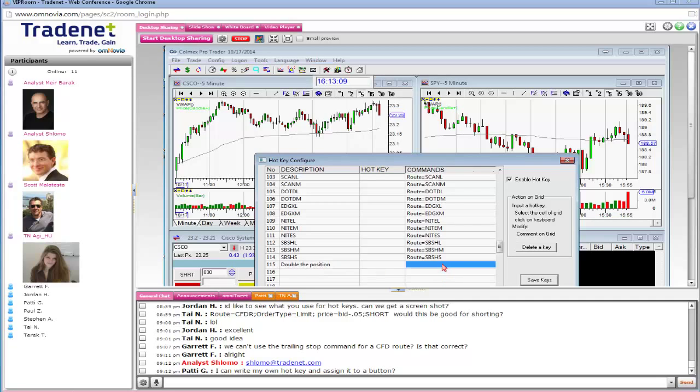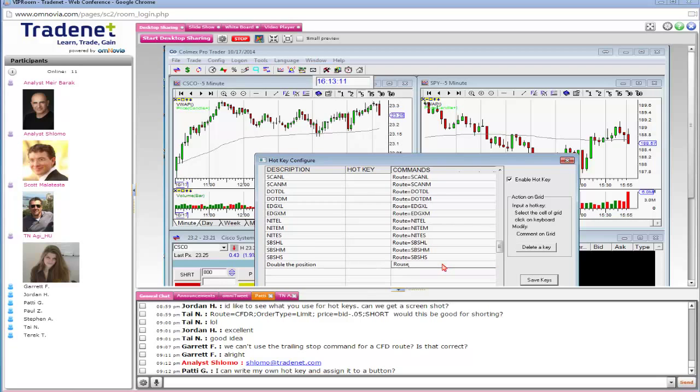Okay, so the route here is going to be, let's say, Nasdaq L, and I'm going to use a buy, and price is going to be equals ask, all right, and semicolon, and position, all right, and share is going to be equals position.